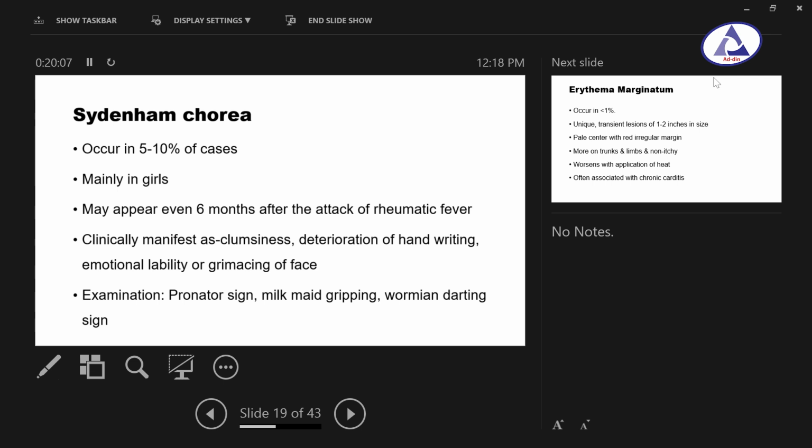There is the pronator sign, and the milkmaid sign, that is contraction and relaxation of the hand grip. And the darting tongue sign: the tongue is protruded and then alternately withdrawn, with protrusion and retraction.